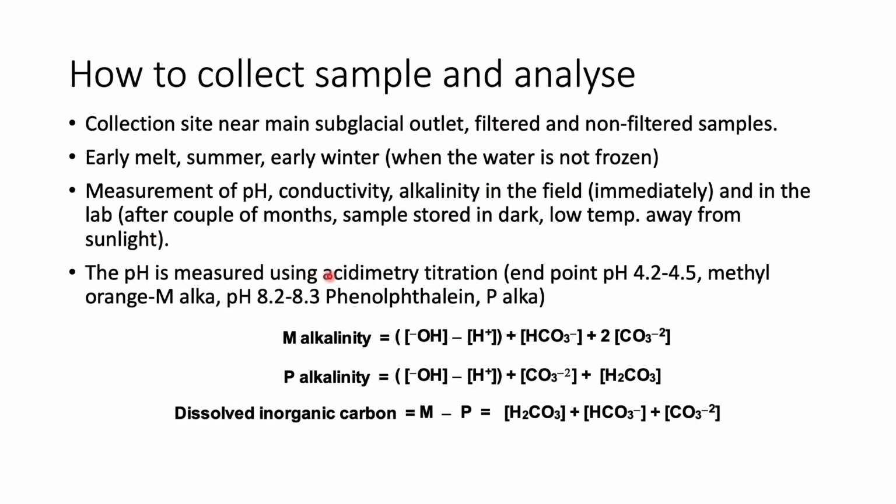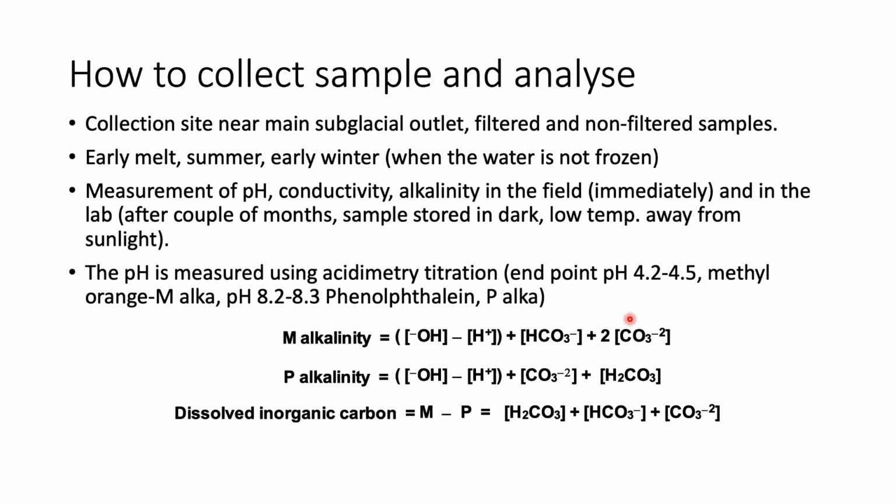The alkalinity is measured using acidimetric titration. When the endpoint is pH 4.2 to 4.5, that is called methyl orange alkalinity or M-alkalinity. And if the pH is 8.2 to 8.3, that is called phenolphthalein alkalinity or P-alkalinity. The different equations are given here. The M-alkalinity measures the concentration of hydroxide ions, bicarbonate ions and carbonate ions.